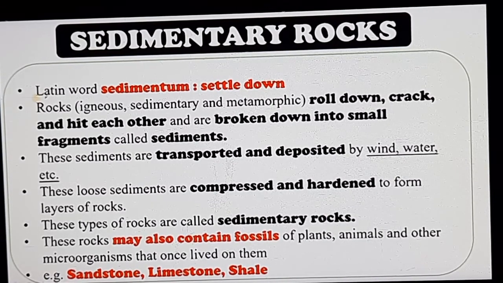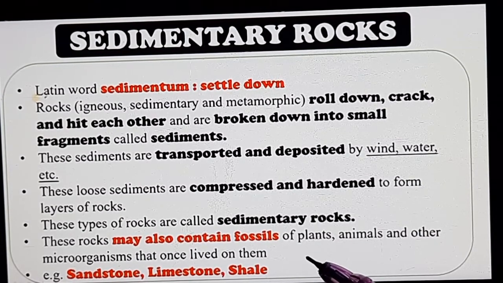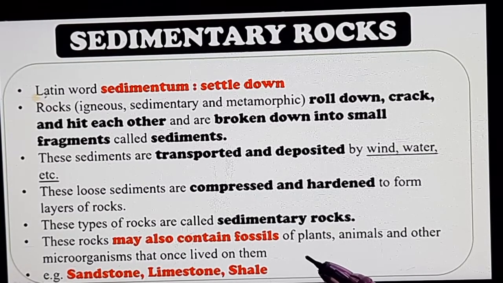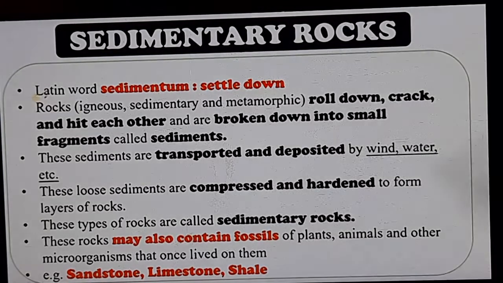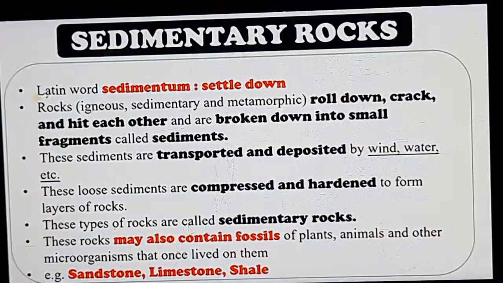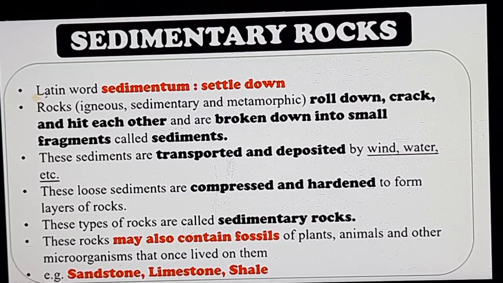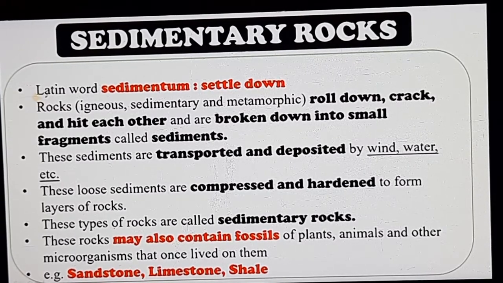Got it? These rocks may also contain fossils of plants. What do sedimentary rocks contain? Sedimentary rocks contain fossils of plants, animals, and other microorganisms that once lived on them.